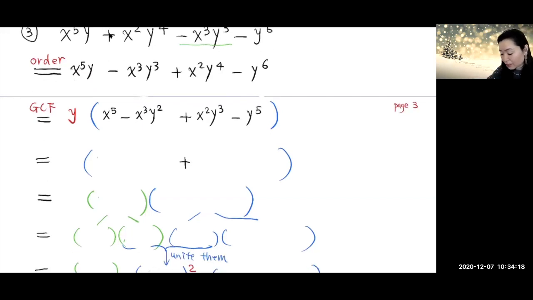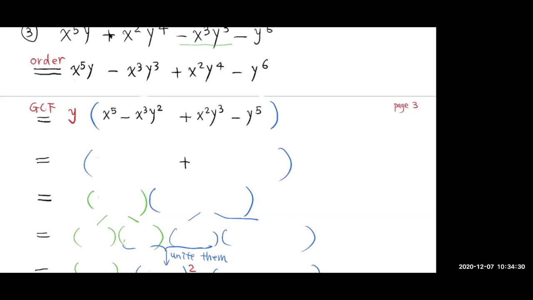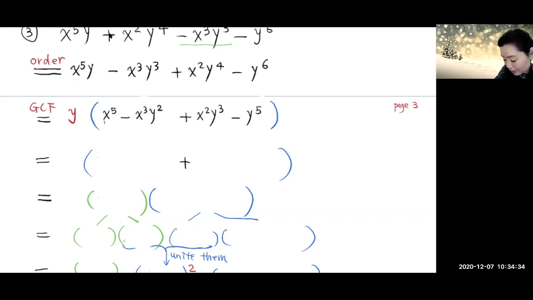Now take a look at this inside. It has 4 terms. What kind of method do you use to factor this? Oh, yes, grouping. So we group these two together, and then we group these two together.